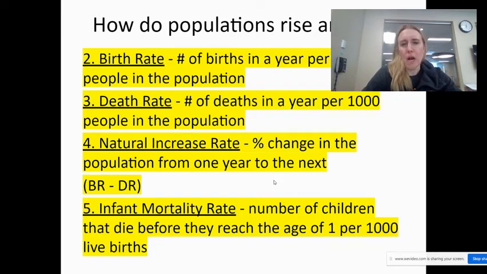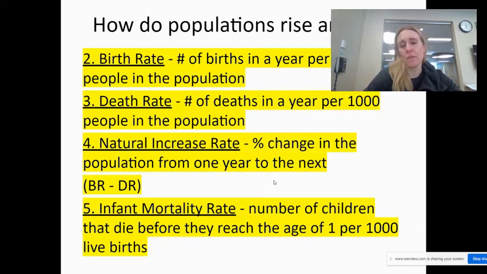In order to figure out if populations are rising or falling, we need to compare birth rate and death rate. If we subtract those two, we can figure out how fast that country is growing. So if I have a country that has a birth rate of 20 and a death rate of 12, I can take 20 minus 12 and get the number 8.